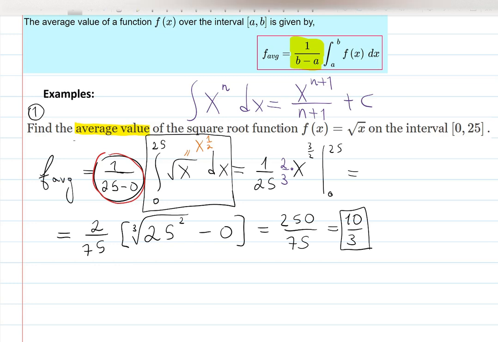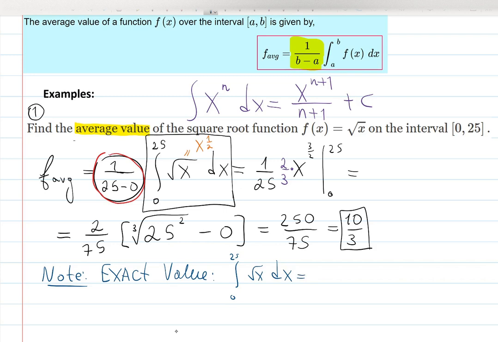So that means that exact, just note, I will make note in blue. Exact value is just integral from 0 to 25 square root of x dx. And that will be 10 over 3, but without dividing by 25. So I will multiply by 25. That's 250 over 3.